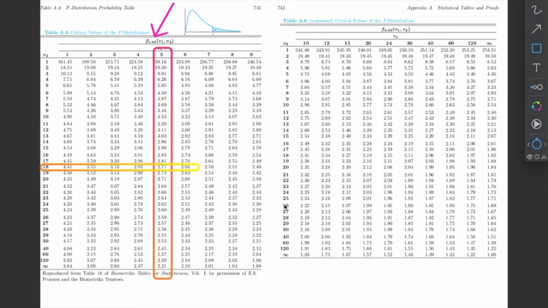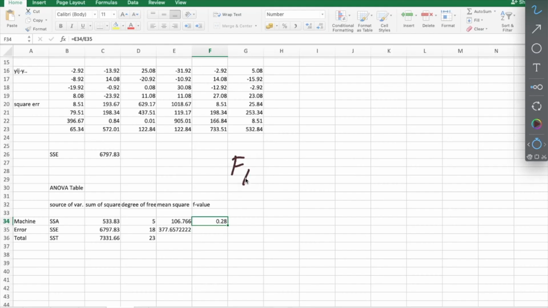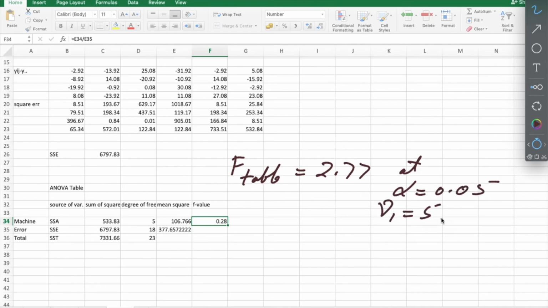So where it intersects, we find the value as 2.77. So this is what we call the F tabulated value for alpha equal to 0.05, nu 1 as 5, nu 2 as 18. The value which we have calculated is 0.28. So what we see over here is F table is 2.77 at alpha equal to 0.05, nu 1 as 5 and nu 2 as 18.